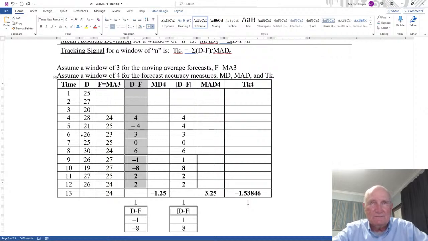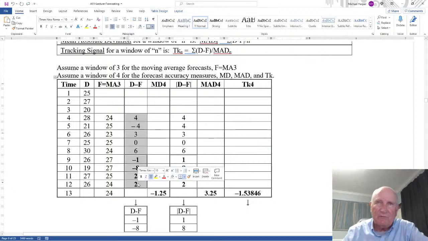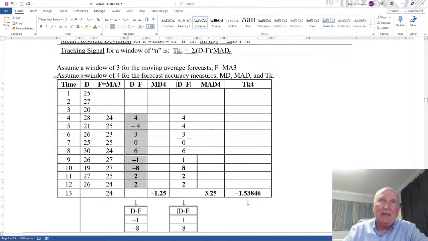That's the logic. But again, a lot of people will use all that data, which is perfectly fine, but I'm only going to use some of it. Again, like a moving average, I'll have a window of 4 for the forecast accuracy measures. So I will take the last 4 values of my deviations.